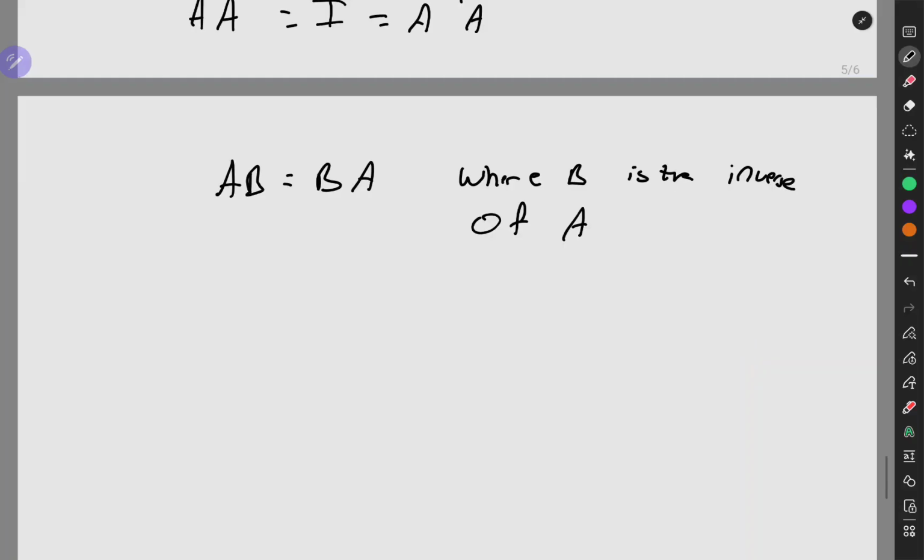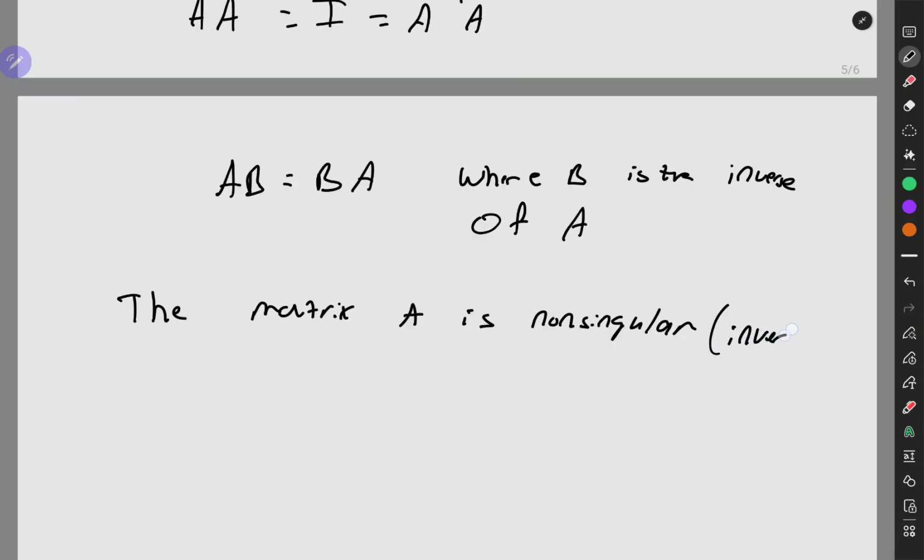So the reason why we do this is because this only works if the matrix A is non-singular, otherwise known as invertible.